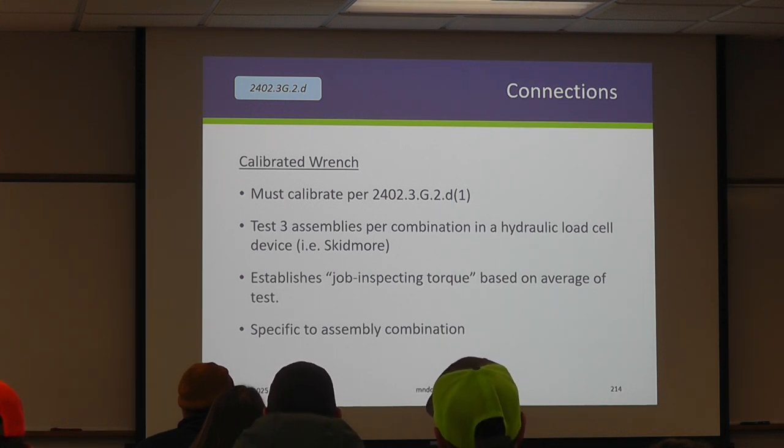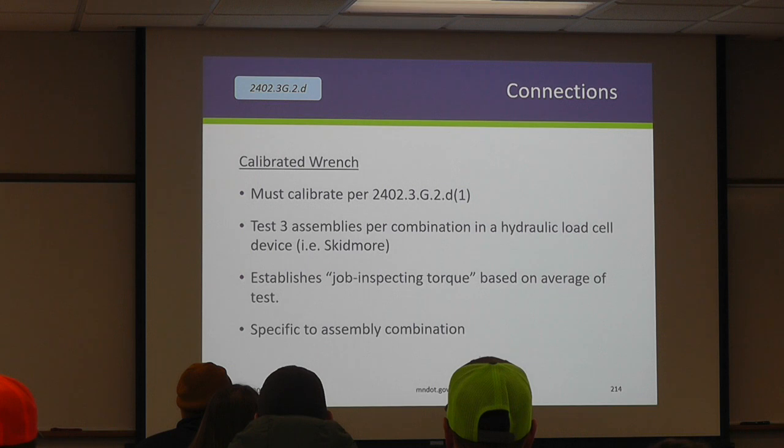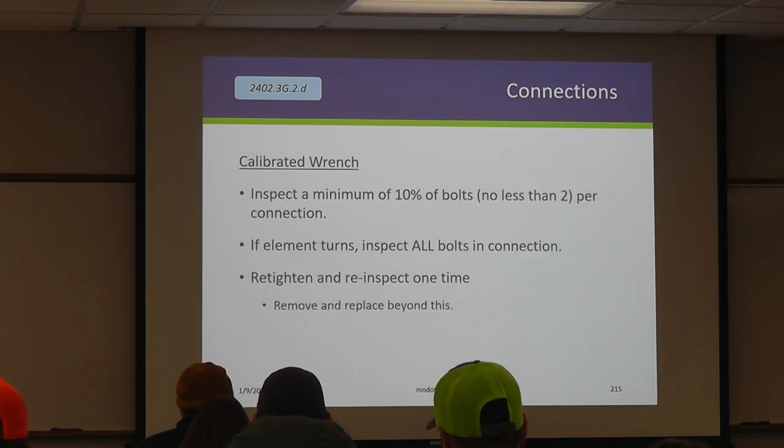That torque is not good for the duration of the project. That torque is good for that shift, and that's it. Keep that in mind. You may find that it ends up repeating itself from shift to shift to shift, but the procedure has to happen every single shift. Does that make sense? Okay.